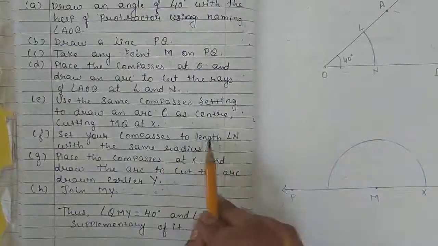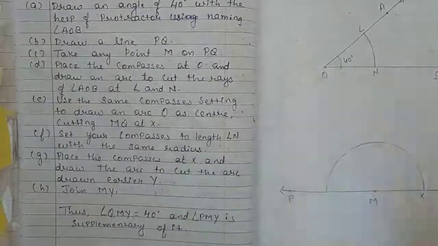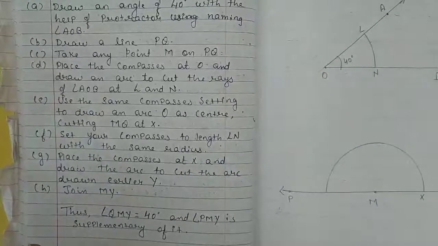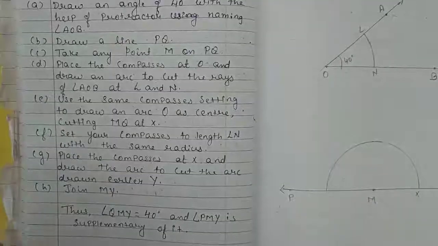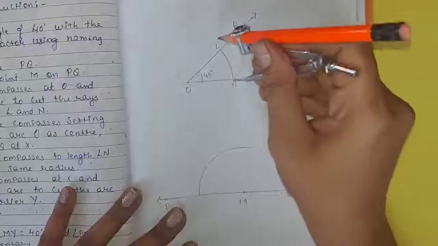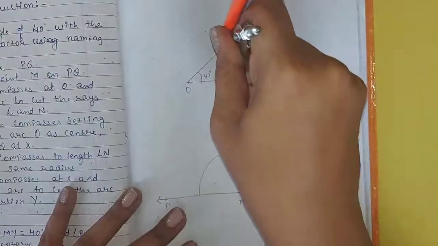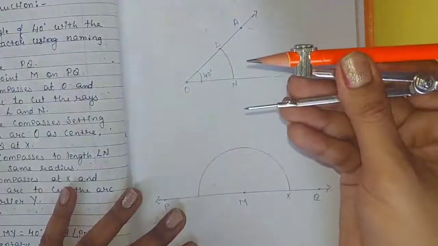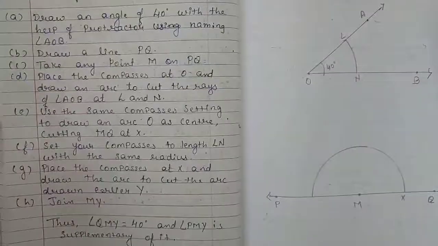Set your compasses to length LN with the same radius. Now we have to set our compass to length LN. So here this is our length LN, the opening of the compass. Let us see the next step.